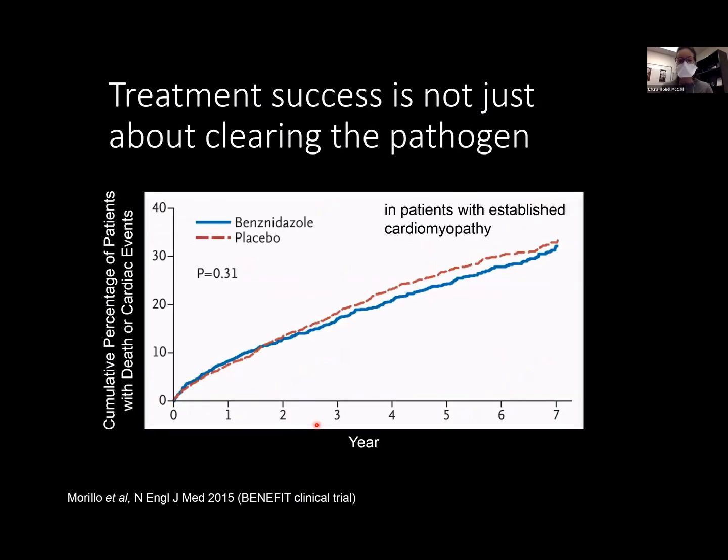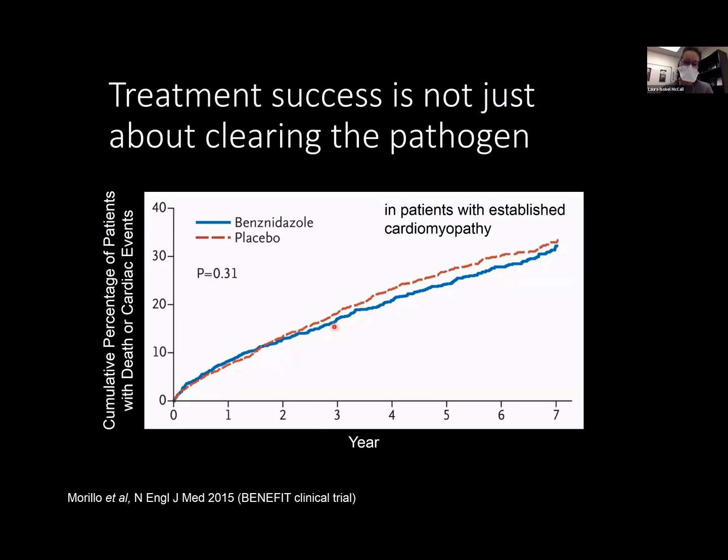But really the need is actually to predict disease progression rather than infection status. And I think this is strongly illustrated by the results of the BENEFIT clinical trials. What they did there is they started with patients with established heart disease, so late stage disease. And then they treated them with our standard antiparasitic benznidazole.